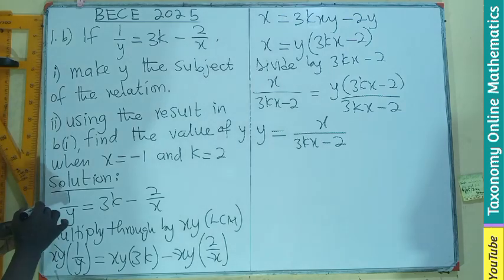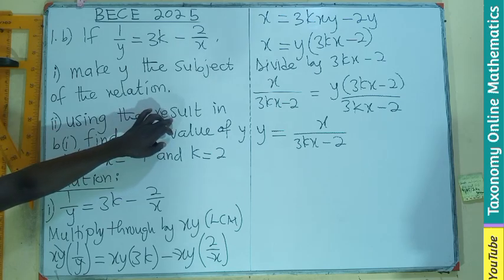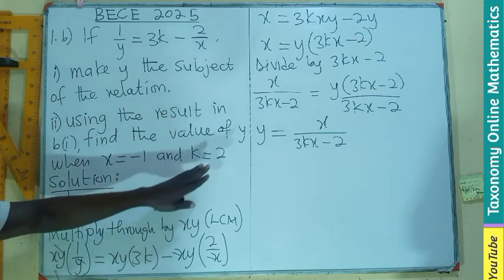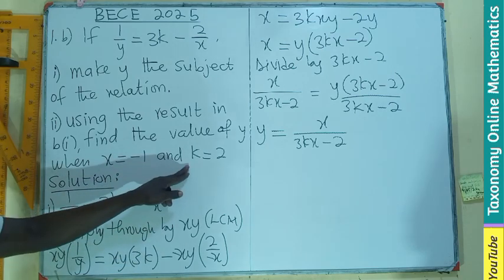So I think we are beginning with Roman number 1. Then Roman number 2 is using the result, meaning this result, what we have here. We are now going to substitute x and k.